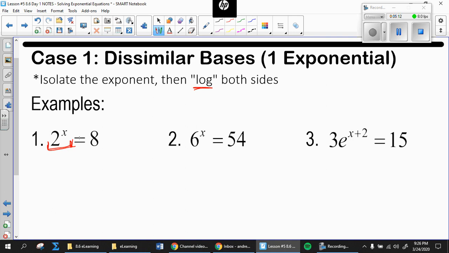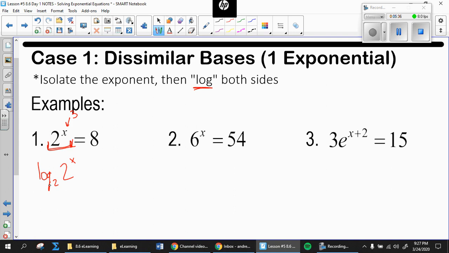Now, if I look at this one here, we probably should be able to tell that this is going to equal 3, because we know that 2 to the third power gives us 8. But what we're going to do here, I already have it isolated. So the way I can cancel this base out is by taking log base 2 of what I have.